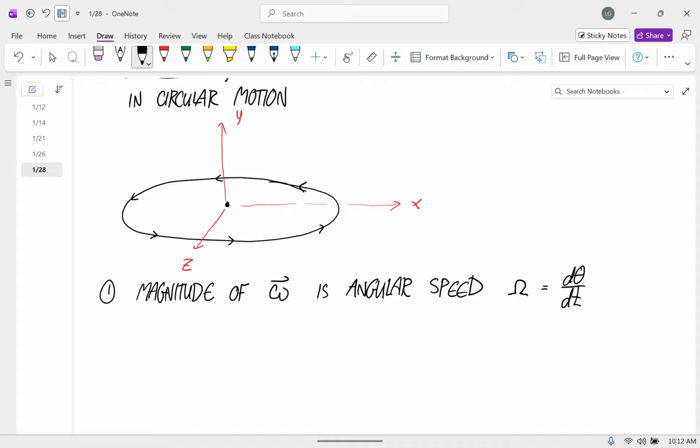In order to define a vector, you need to define two things, the magnitude and the direction. And so the direction follows the right-hand rule.